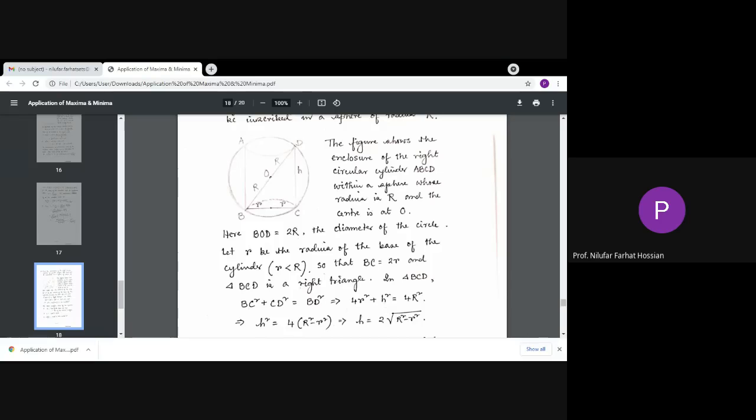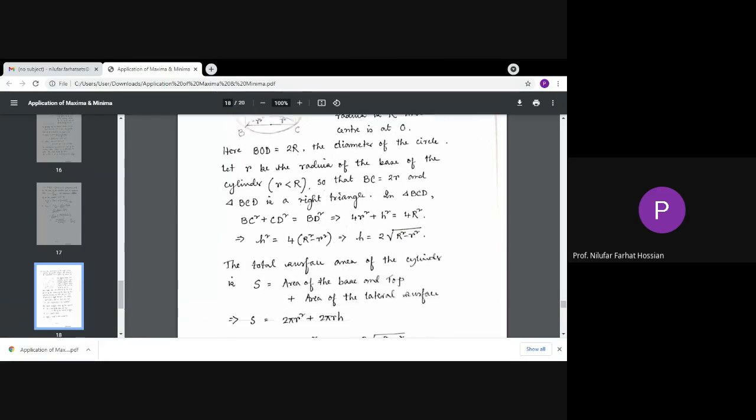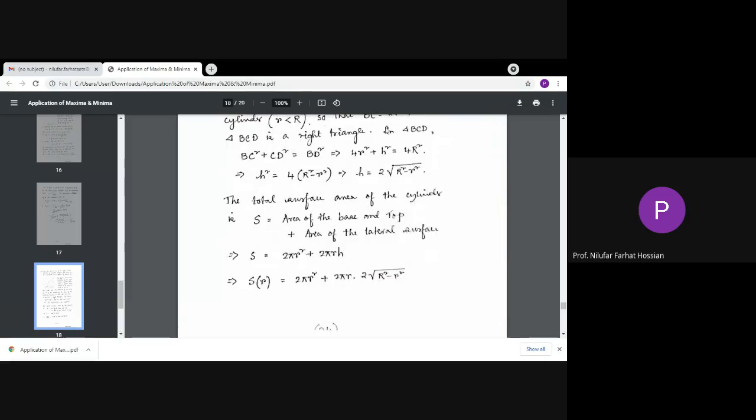And BD means 2R, so whole square, it will be 4R square. So what is the value of h? h square will be 4R square minus 4 small r square. Take 4 common, so 4 into capital R square minus small r square. So this h should be equal to 2 root over capital R square minus small r square. Here we have neglected the minus sign because the length of the height cannot be a negative number.